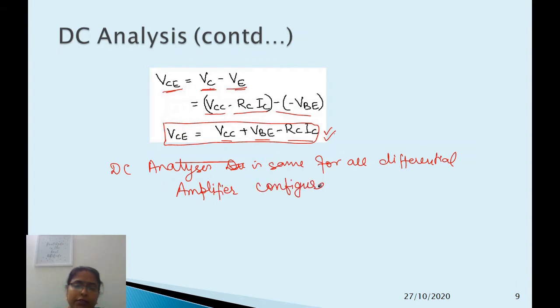We have analyzed this for the first configuration, and for the next configurations we will only concentrate on the AC analysis. This DC analysis stands for all the four differential configurations.